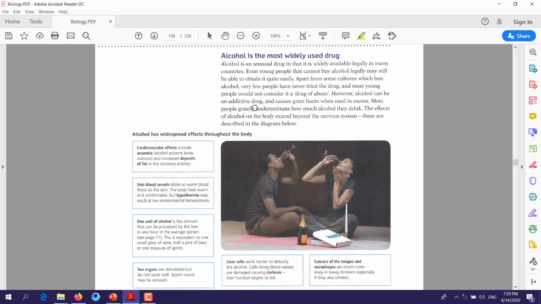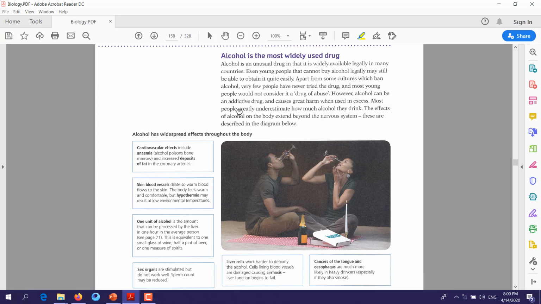Alcohol is the most widely used drug. Alcohol is an unusual drug in that it's widely available legally in many countries. It's legal in most countries, so most people can get it easily.